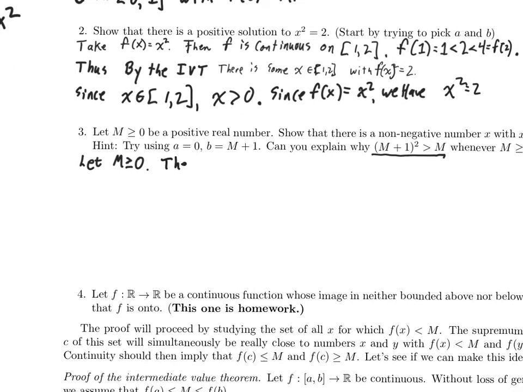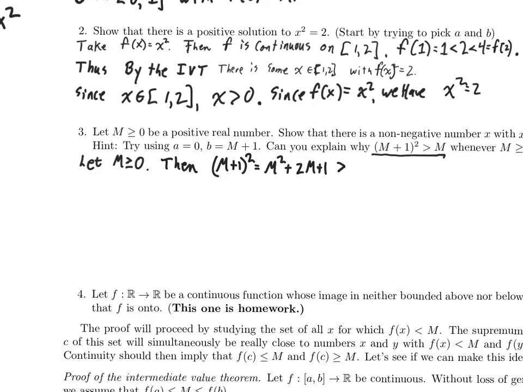Then let's think about m plus 1 quantity squared. So see, that will be m squared plus 2m plus 1. And let's throw away single pieces one at a time.